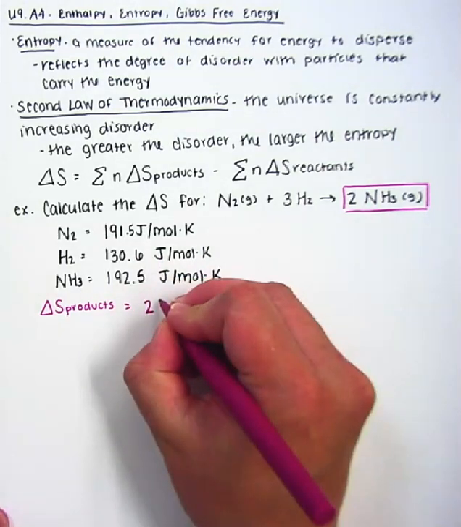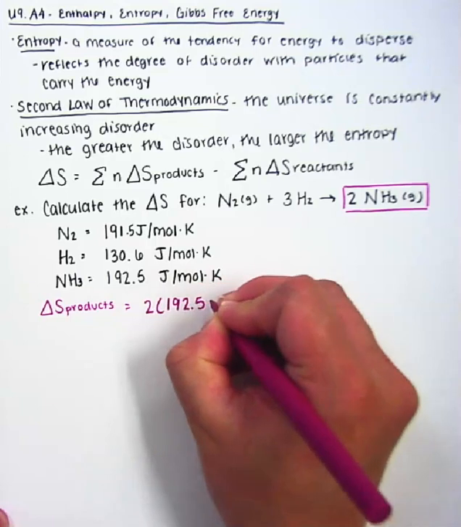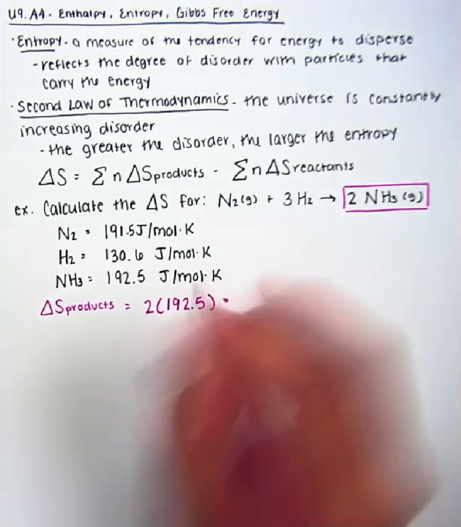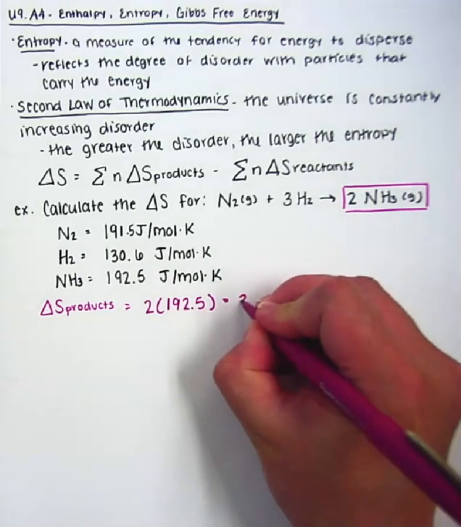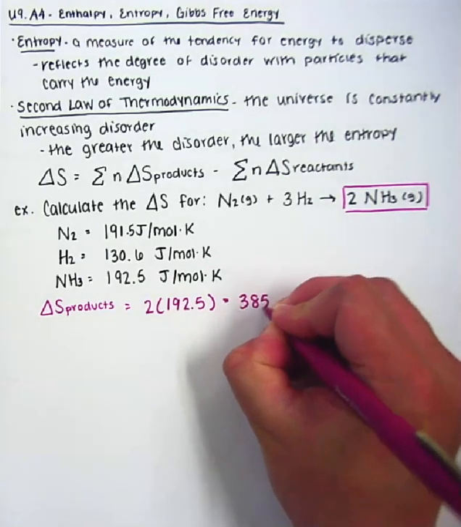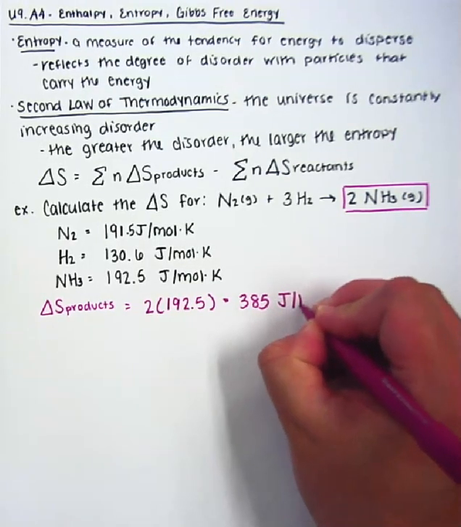So I'm going to do 2 times my delta S for ammonia. Plug that into my calculator, and I would get 385. Moles times moles are going to cancel, joules per Kelvin.